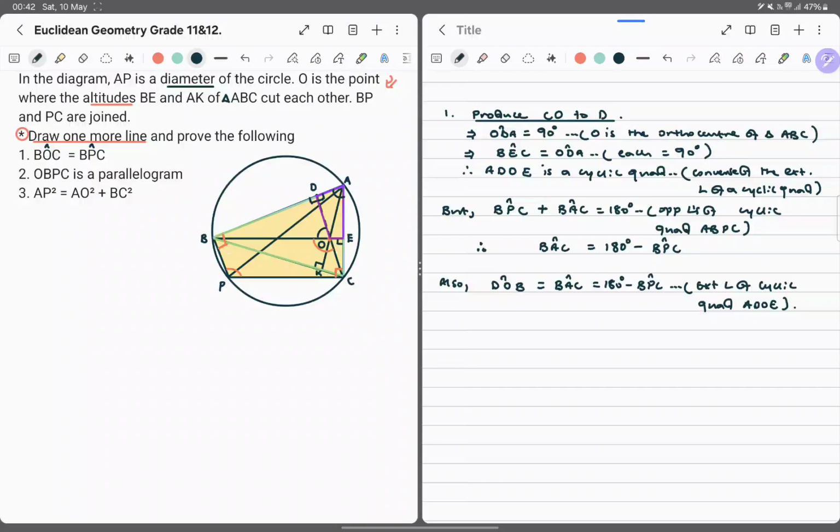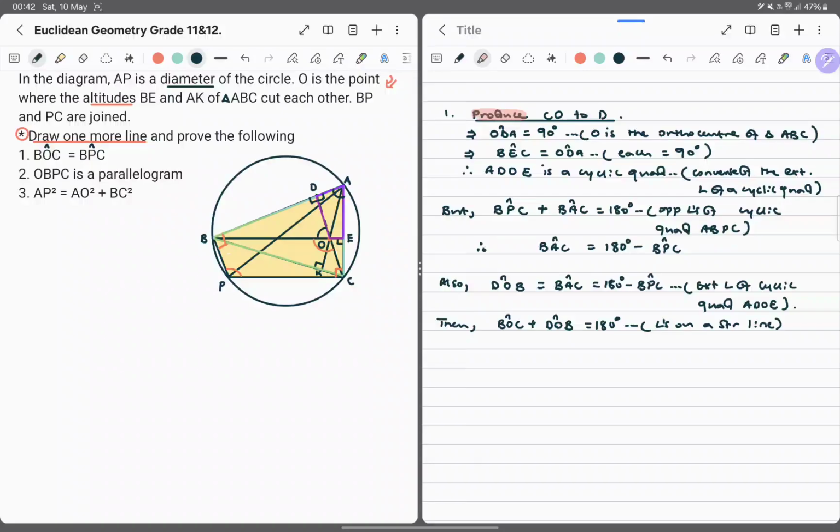All right, folks. Now, can you see? We have been very systematic and strategic. Now we answer the question. Then we understand that this angle of ours, which is BOC, plus DOB, we should get 180 degrees. These are angles on a straight line. How do we know it's a straight line?